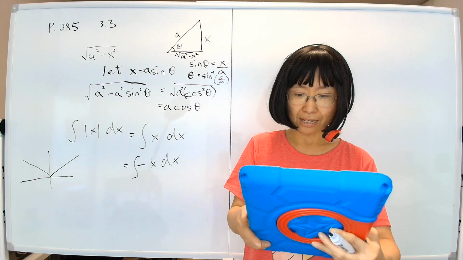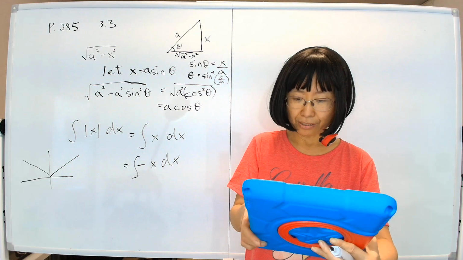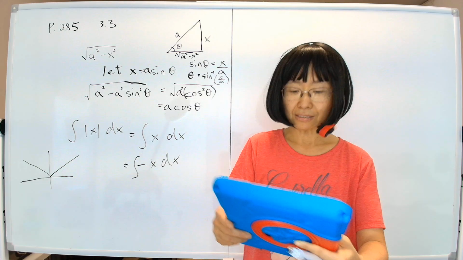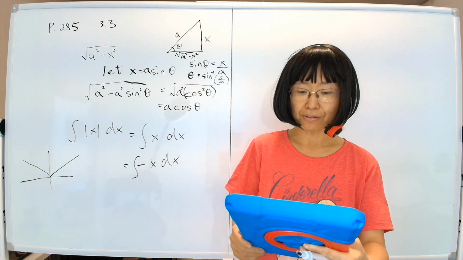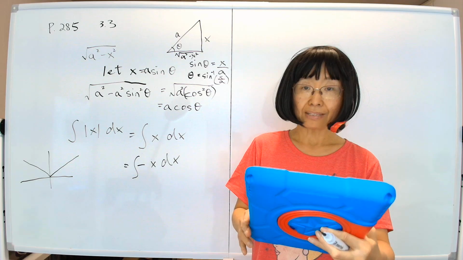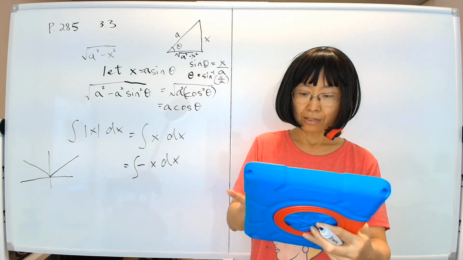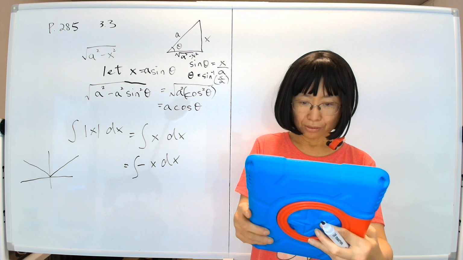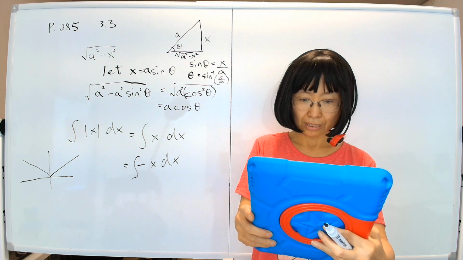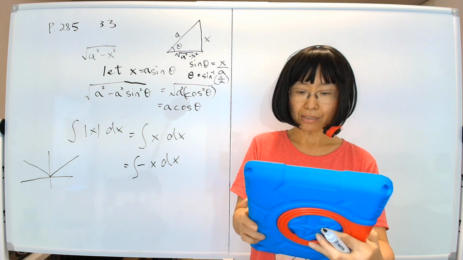Now, to see an example of it, let's look at example 3.21, where we are supposed to evaluate the square root of 9 minus x squared. All right, we have 9 minus x squared.